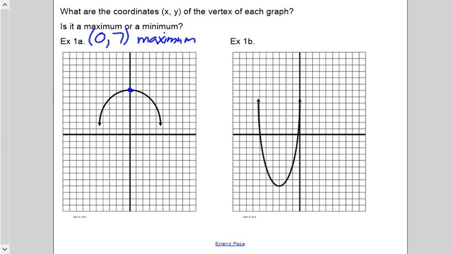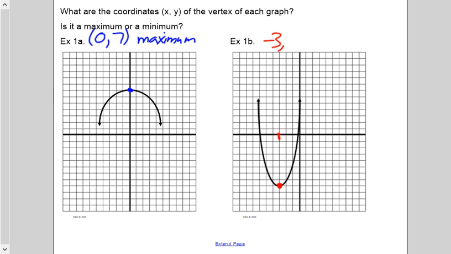Example 1B, vertex in this case is down here. We have to figure out what ordered pair that dot is. So from the origin, we have to go 1, 2, 3 places to the left, which tells us -3.